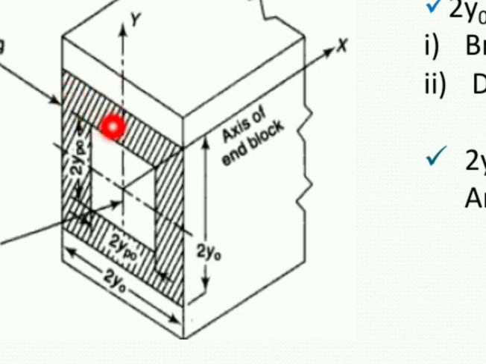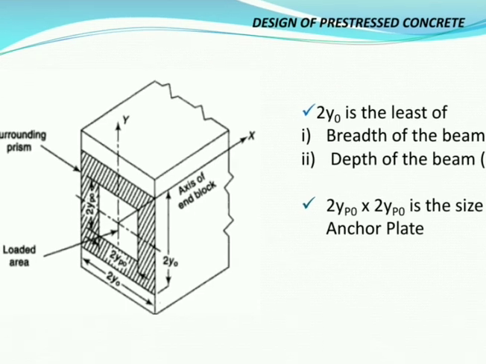This hatched portion marked in the figure, we term it as the loading prism, which is the bearing area, or the area over which the bearing plate is attached, through which the prestressing force is applied to the beam section. So this area becomes very important for us during analysis.